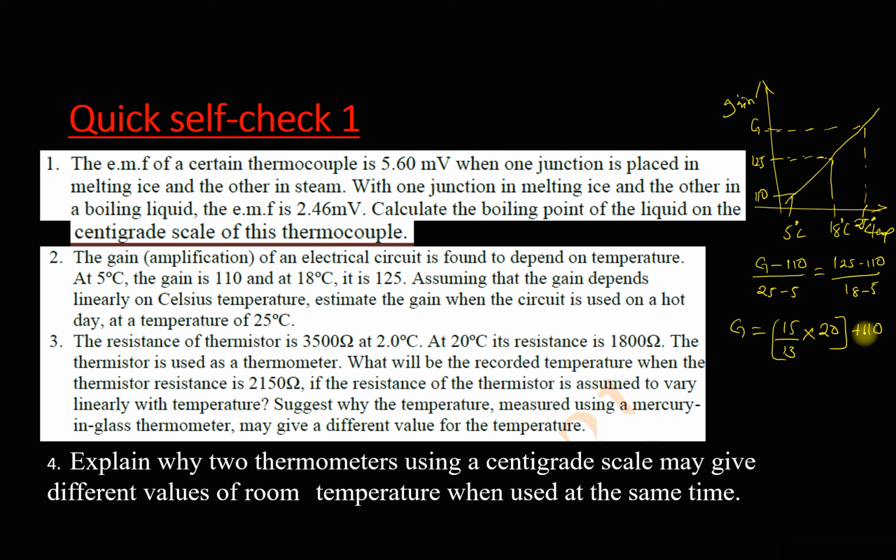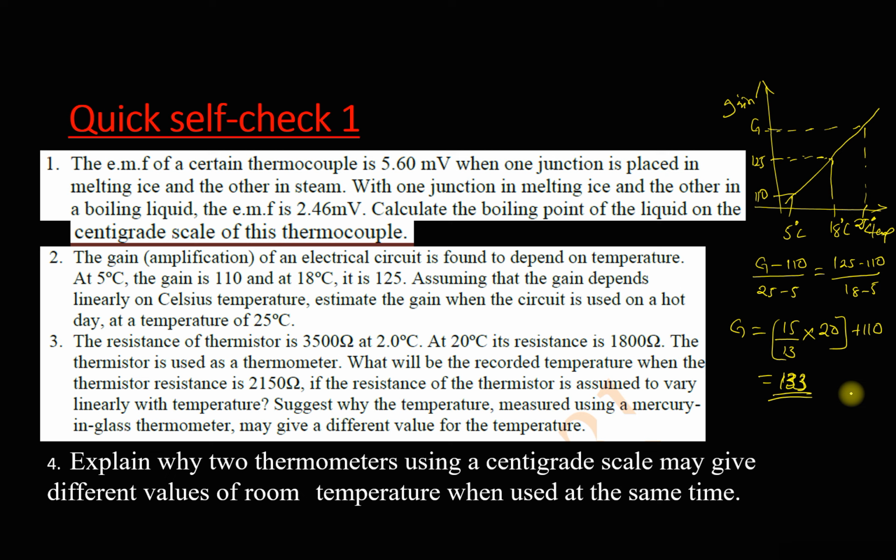So we have 15 times 20 divided by 13, then plus 110. This gives us a gain of 133. To three significant figures it is 133. So that would be the gain.